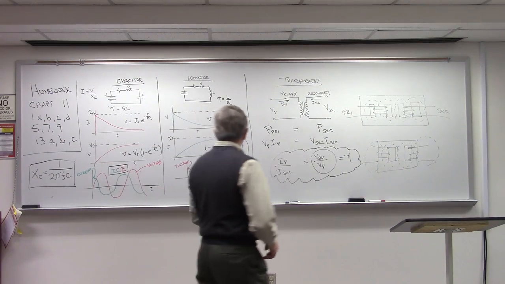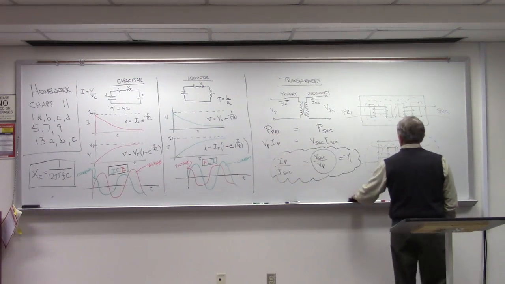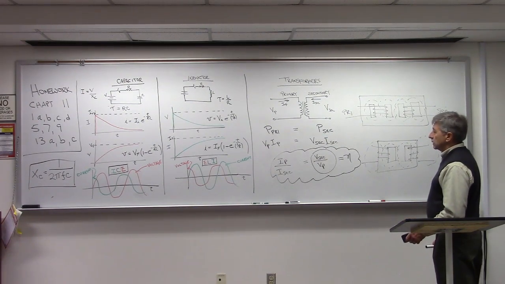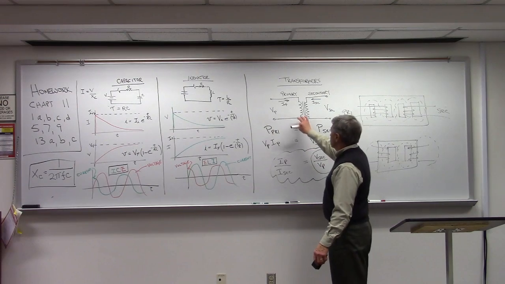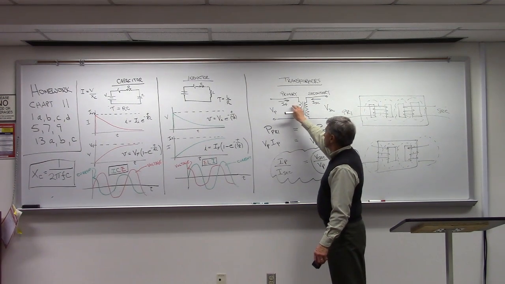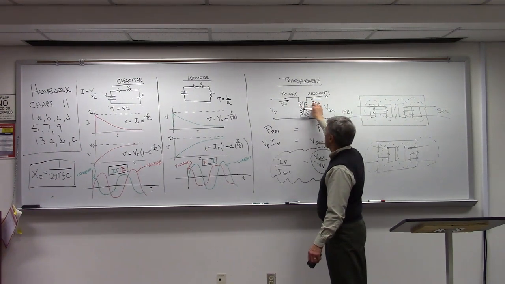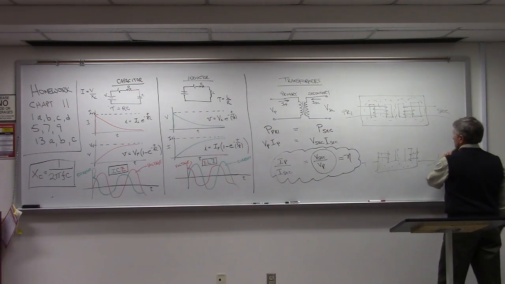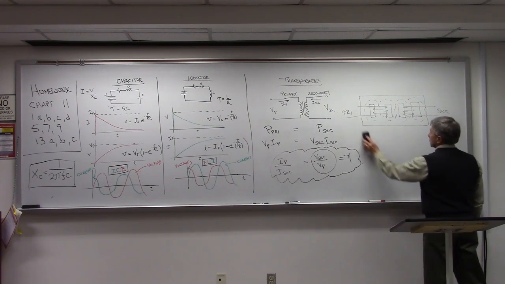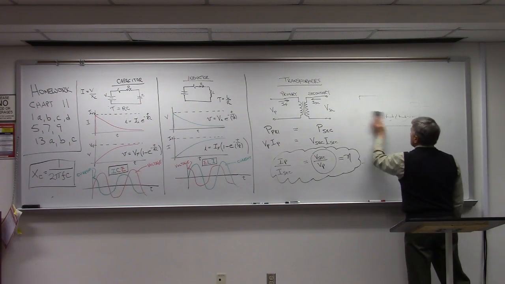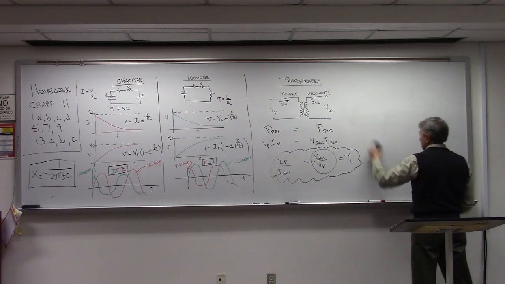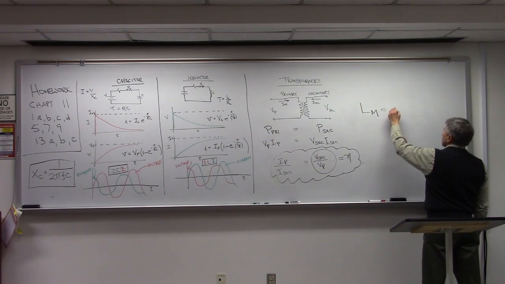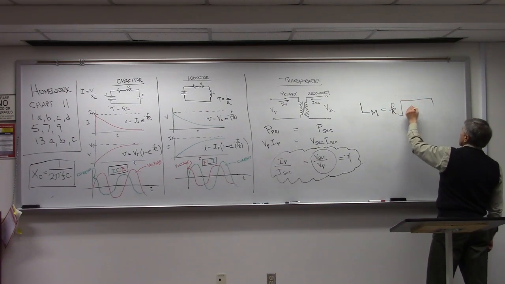There's one other formula that's in the book, and that's called the mutual inductance: the ability of the transformer to affect on the secondary what's happening on the primary. We call that mutual inductance. And that goes by this designation, and here's the formula.